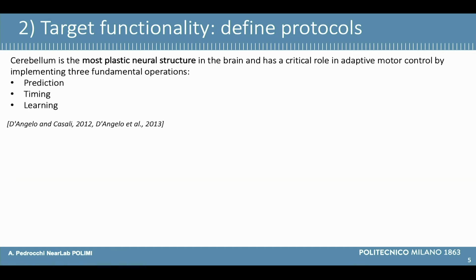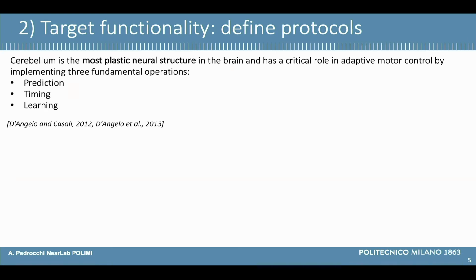So we need to embody the model into target behavioral features. And to do this, we need to have clear ideas on what the model is expected to control.